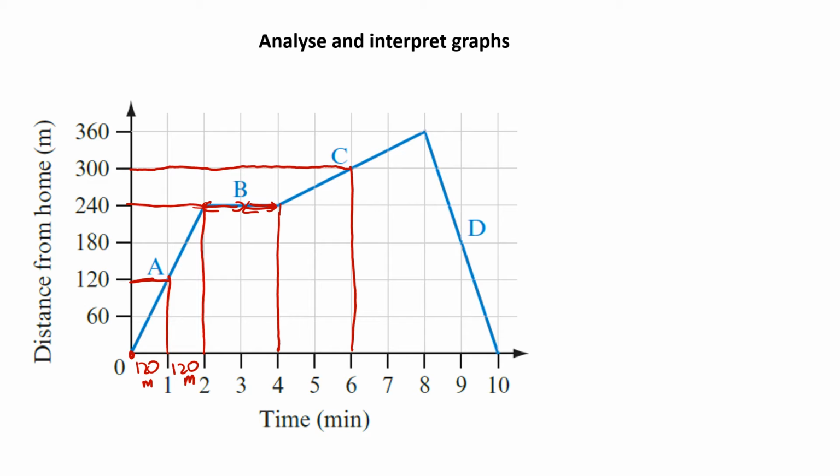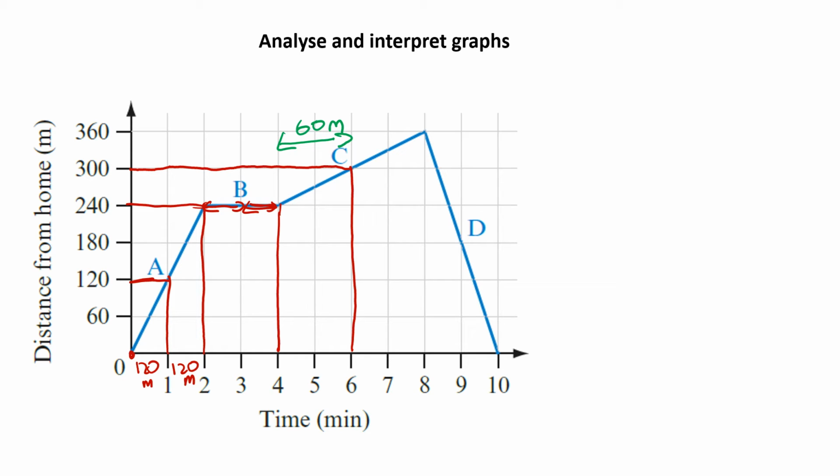Just look at where my line's going there. So after 6 minutes, I've got 300 meters. So I've got an extra 60 meters. So between 4 to 6 minutes, I've gone 60 meters.